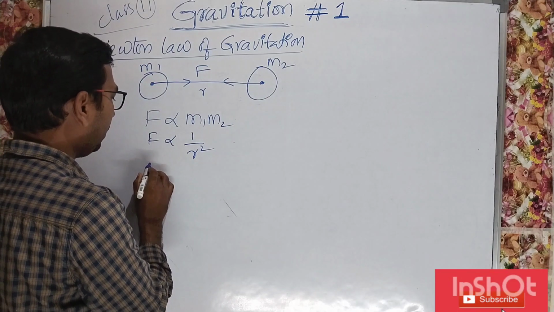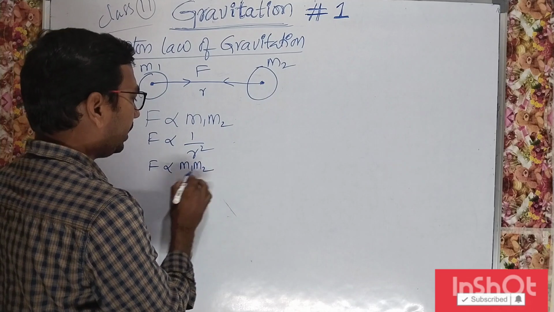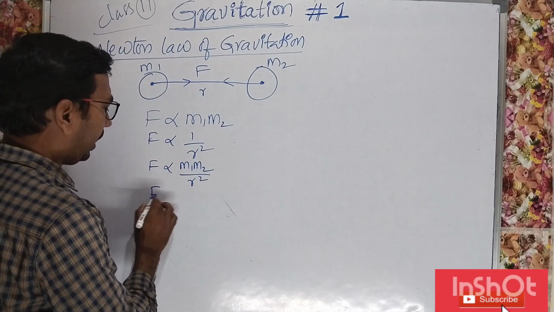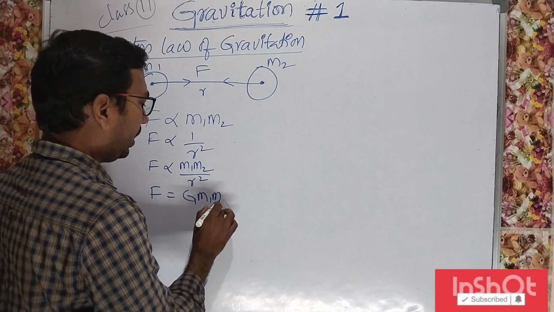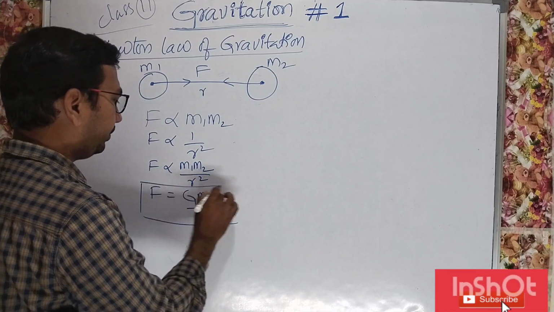We can write this as F is proportional to m1 m2 by r square. Removing the proportionality, we get F is equal to capital G m1 m2 by r square. This is the gravitational force formula.